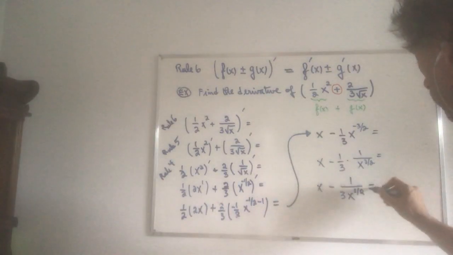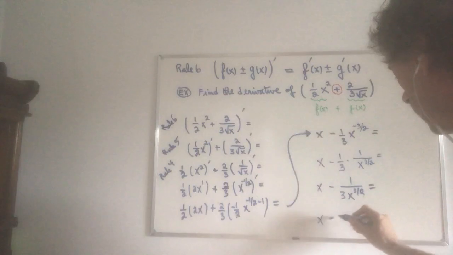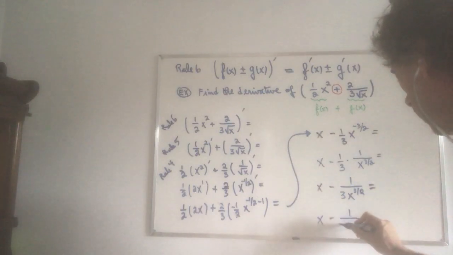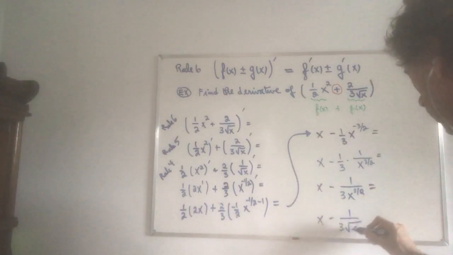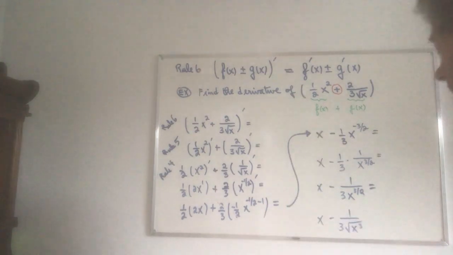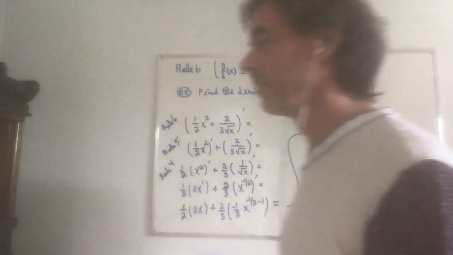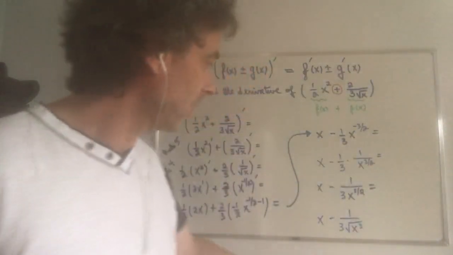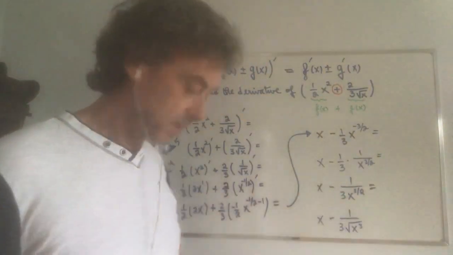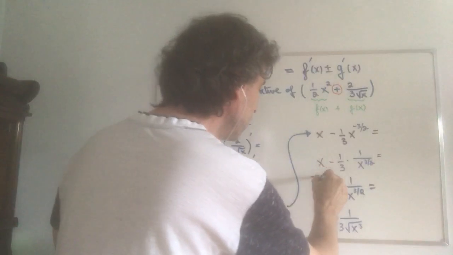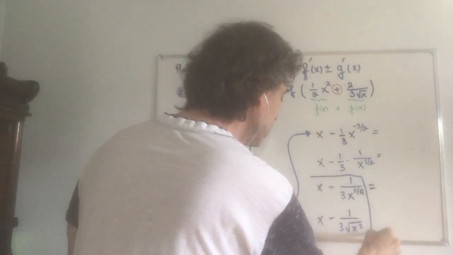Here's an equivalent to that. That would be x minus 1/3 square root of x cubed. Do I prefer one over the other? I do not. They are both equivalent. So either this or that, they are both my final answers to this problem.